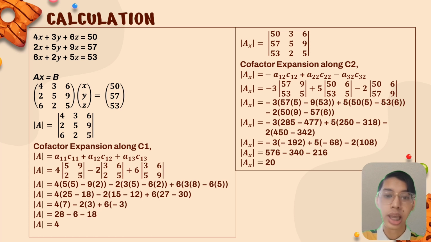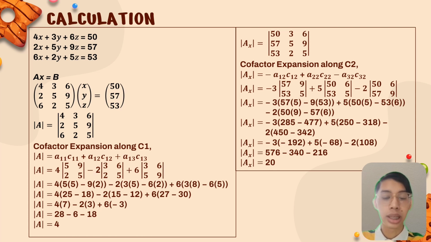Then for the determinant of A, the first row is 4, 3, 6, then 2, 5, 9, and 6, 2, 5. Next, we do cofactor expansion along column 1. So for column 1 it is A11 multiplied by C11 plus A12 multiplied by C12 plus A13 multiplied by C13. So for A11 C11 it is 4 in the determinant 5 9 2 5, minus 2 in the determinant 3 6 2 5, plus 6 in the determinant 3 6 5 9.